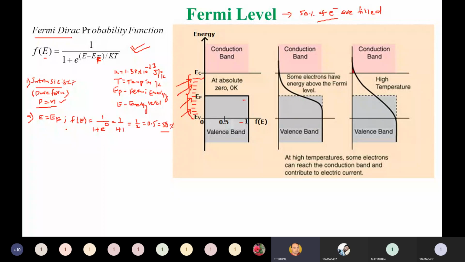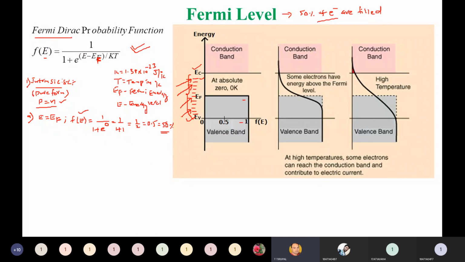So what is the meaning of this? At E equal to EF, the probability of finding an electron at that energy level is 50%. That means we have a conduction band here and a valence band here. Where that electron is lying at E equal to EF means it is lying at the center point, 50%, equal to 0.5.